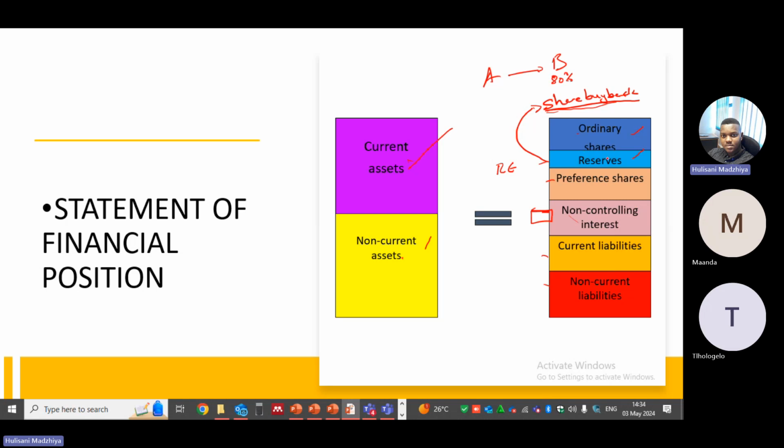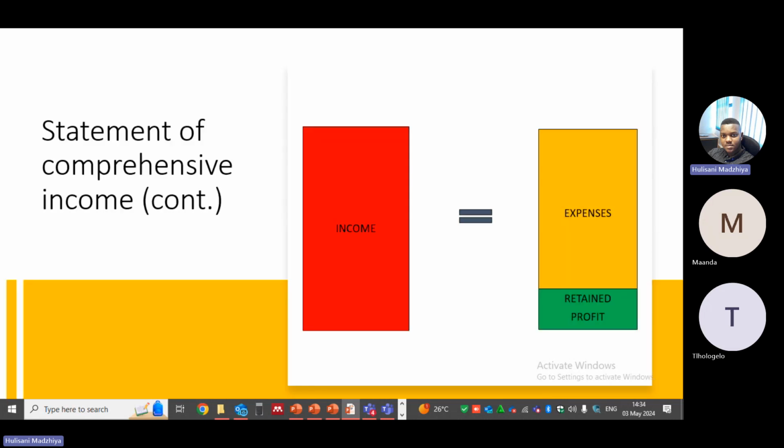The right-hand side is the way in which we raise money to finance the left-hand side. So whatever money we receive is supposed to equal whatever money we spend on the assets. Your current and non-current assets are supposed to equal your ordinary shares, reserves, plus preference shares, plus non-controlling interest, plus current liabilities plus non-current liabilities.